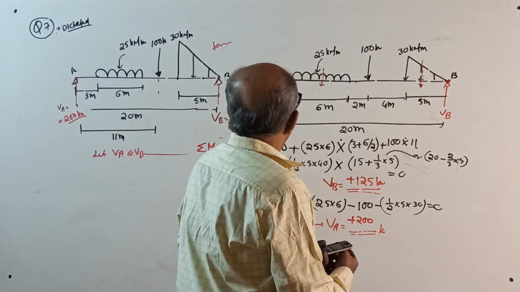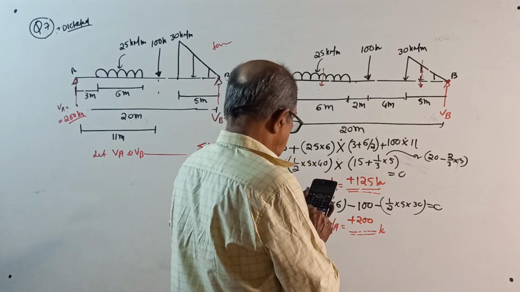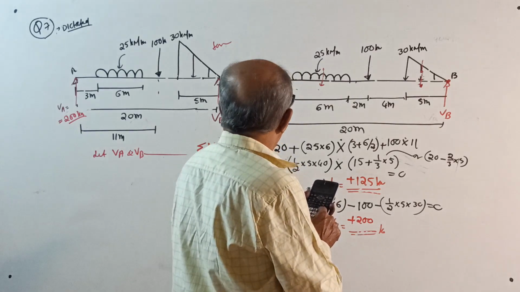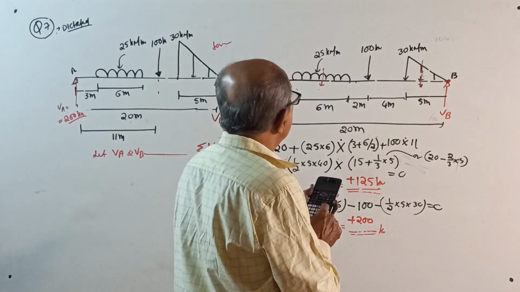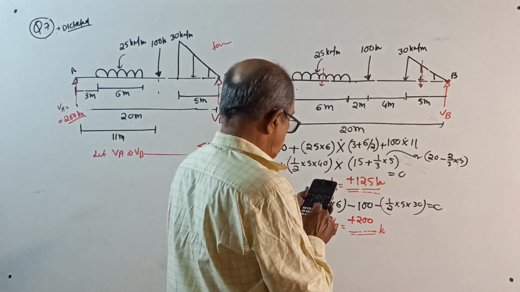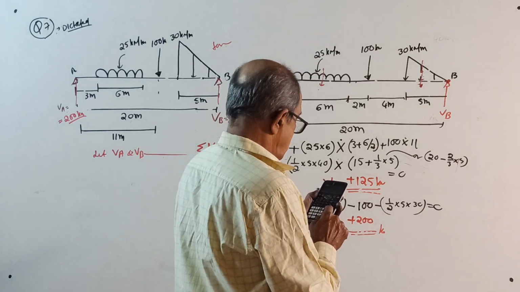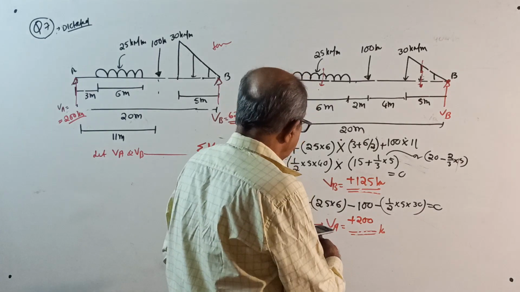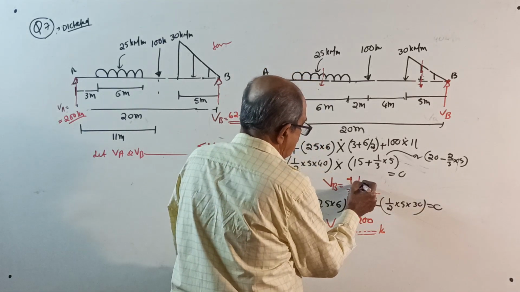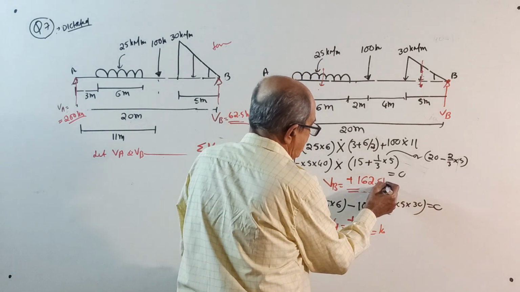162.5. See, something wrong. 25 into 6 into 6 plus 100 into 11 plus 75 into 20 minus 2 by 3 of 5, divided by 20. Oh, VB is coming 162.5 kilonewton.